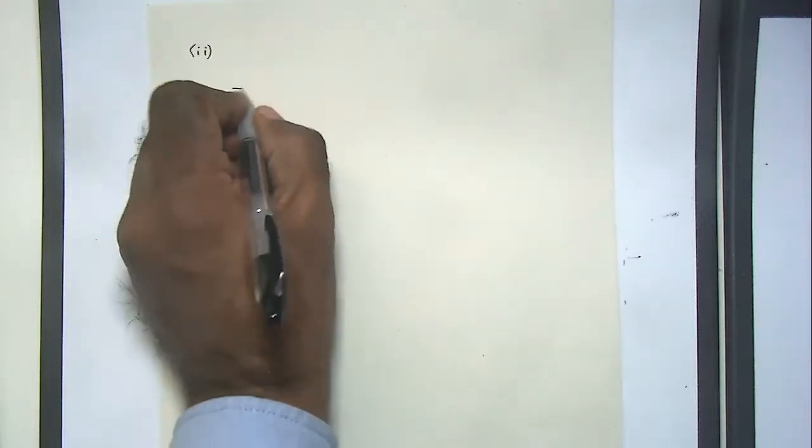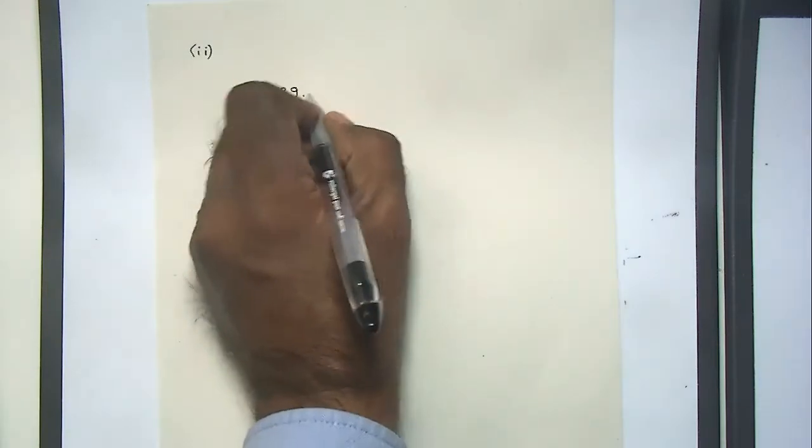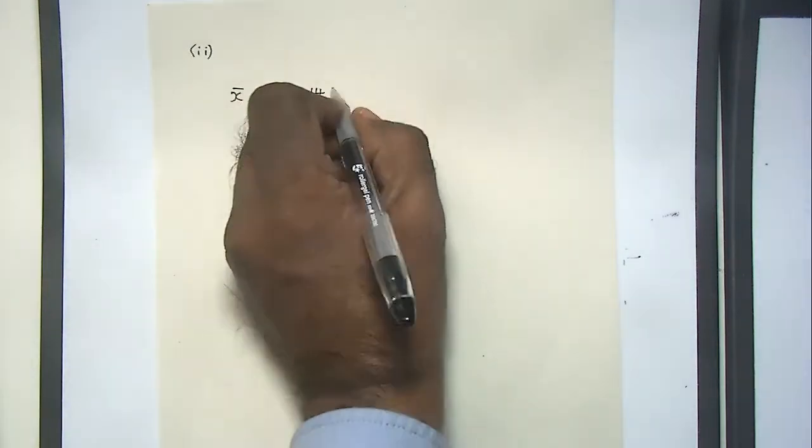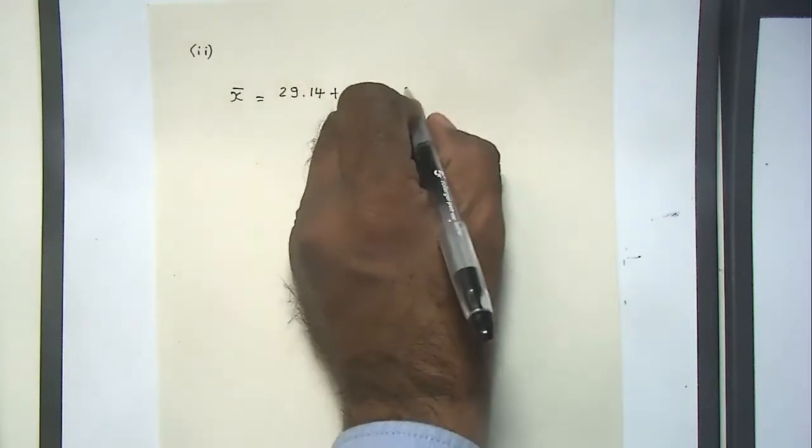So this is part 2 of question 2. Sample mean is the sum of all the numbers divided by 20. The first number is 29.14 up to 51.261.